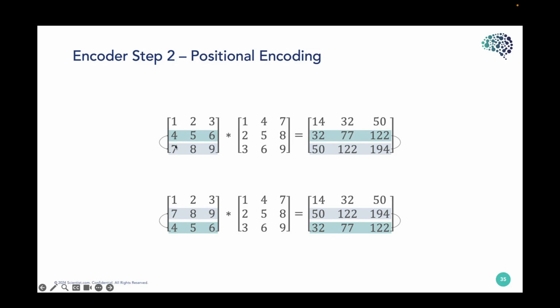If I transpose two of these vectors, which would be the same as transposing two words in our input, and then I do the math out, I actually get the exact same values. It's just that the values are transposed, right? So there is no inherent order in the transformer.